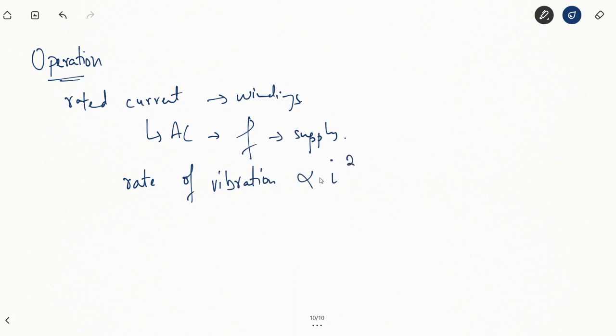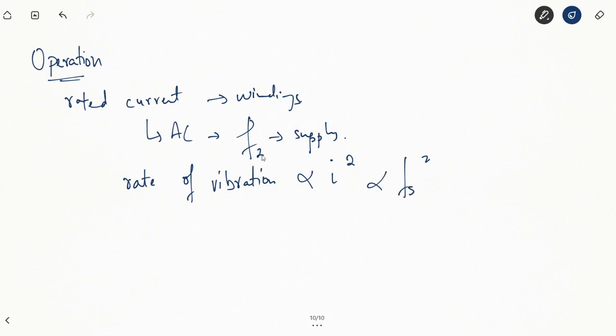In other words, the rate of vibration of the reeds will be proportional to the supply frequency square. So it will depend upon the supply frequency, and at that rate the vibration of the reeds will occur.